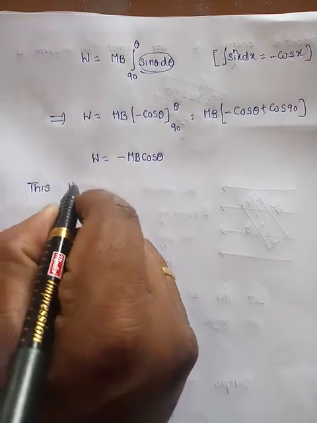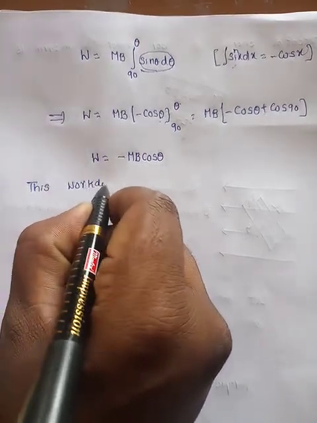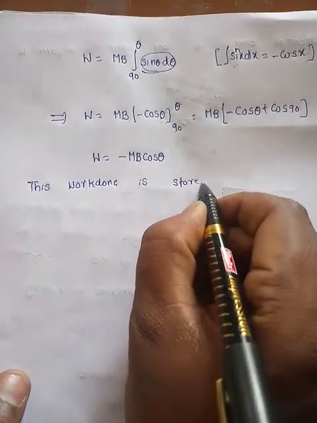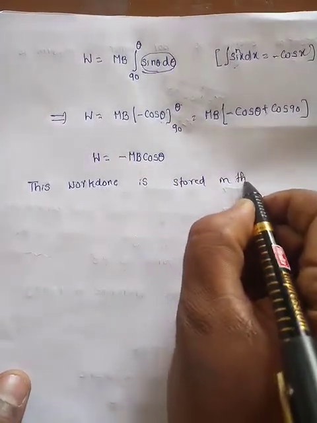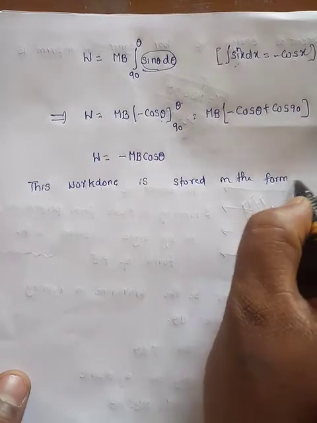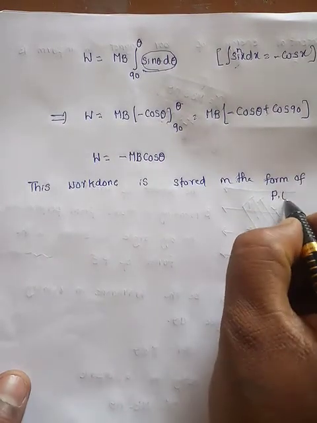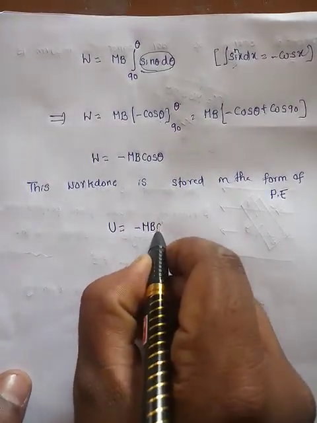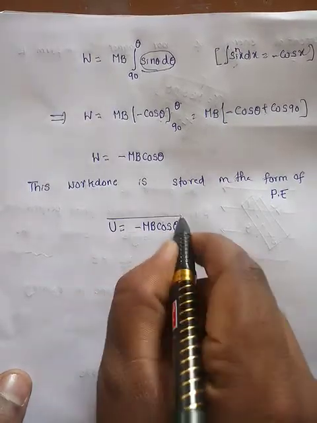This work done is stored in the form of what? Potential energy. So U equals minus mB cos theta.